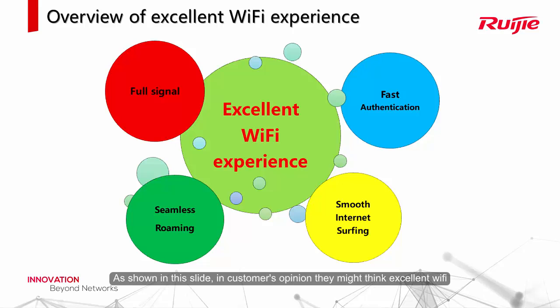As shown in this slide, in customers' opinion, they might think external Wi-Fi should have full signal, fast authentication, seamless, low lagging, and so on. It's our duty to provide excellent Wi-Fi experience for customers to fulfill their requirements.